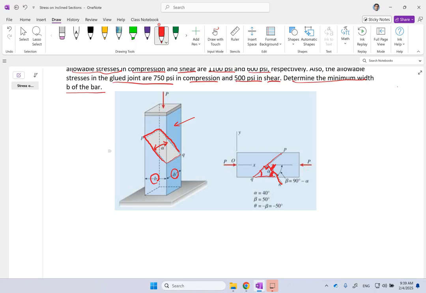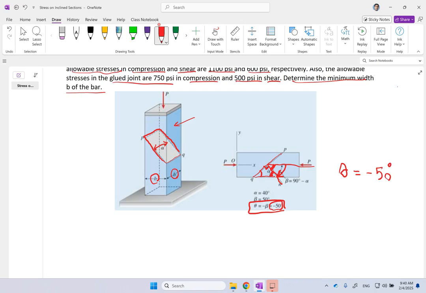This is 90 degrees, this is 40 degrees, so the angle you have to use is 50, but positive or negative is another thing you have to pay attention to. If the angle is measured clockwise from the horizontal direction, your angle is clockwise 50 degrees, so your theta is actually negative 50 degrees. Pay attention that you have to get the correct angle before you place it in the equation.